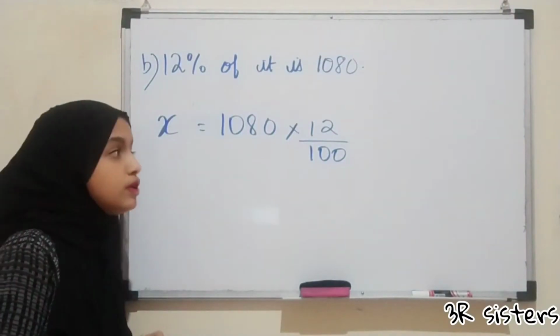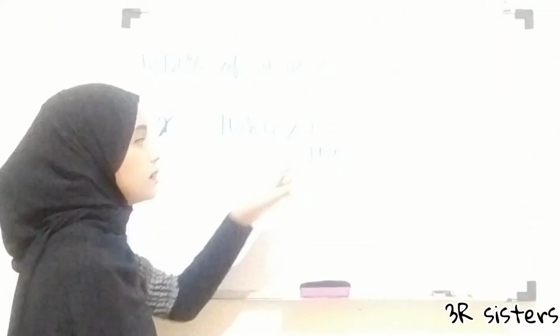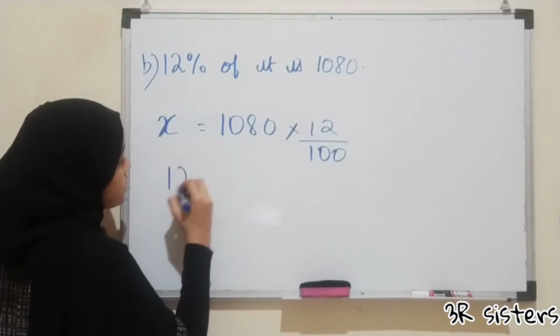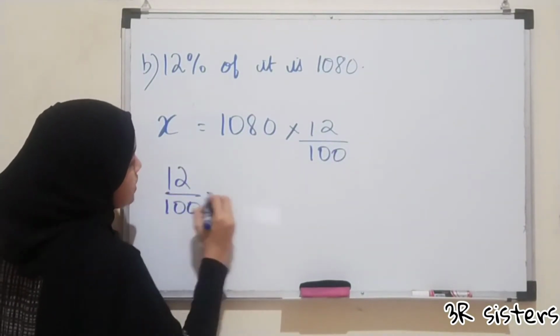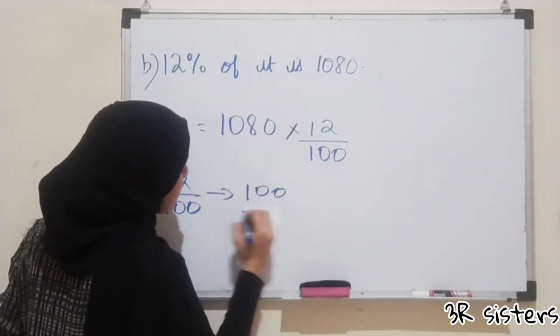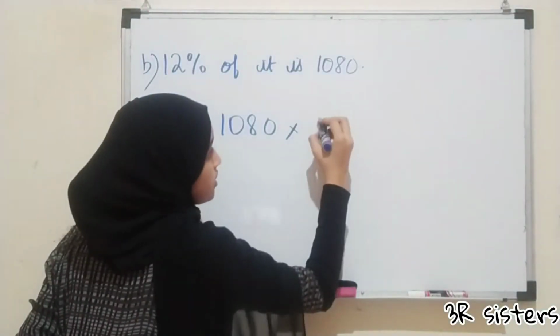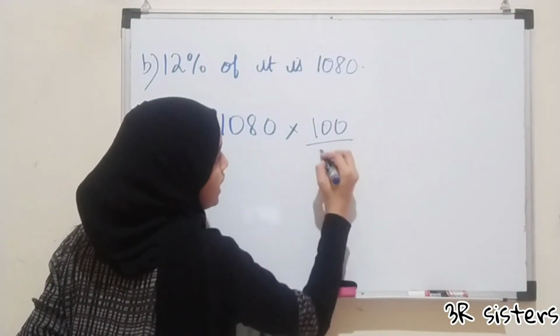But before doing this we have to find the reciprocal. We have to change this number to its reciprocal. The number is 12 by 100. What is the reciprocal? 100 by 12. Now we write 100 by 12 instead of 12 by 100.